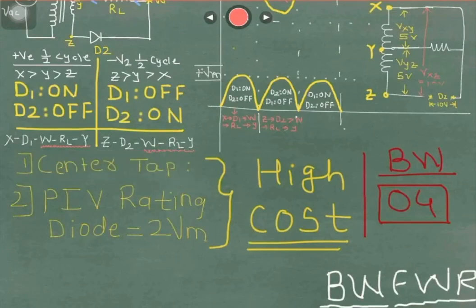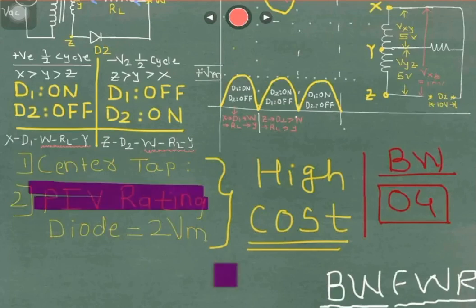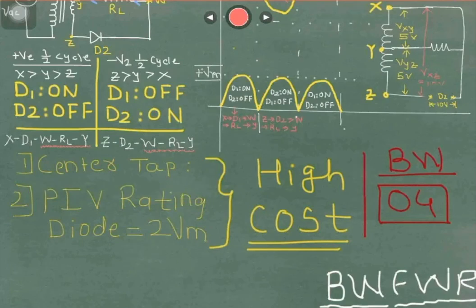And the second problem is that the diode which has been used needs to have a PIV rating of 2 VM. You cannot have a diode with a normal PIV rating, it needs to have 2 VM PIV rating. So it becomes costly. Now the problem is very clear over here, that you have a center tap transformer which is costly and bulky, and the diodes required are also of 2 VM rating, so they are also costly diodes.